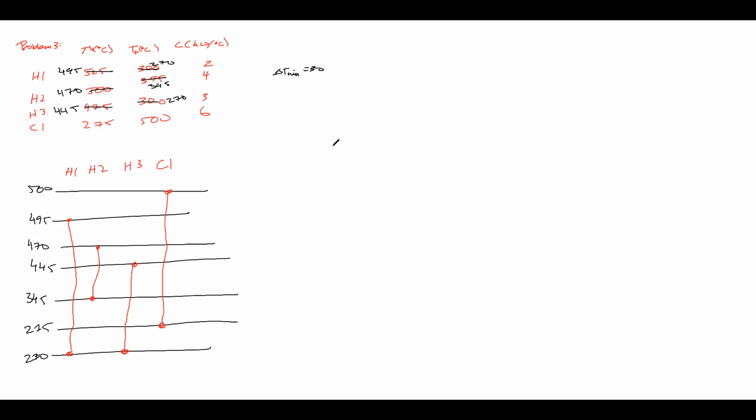Now let's translate it into an interval table. So again, how many intervals do we have here? 1, 2, 3, 4, 5. I have 6 intervals.